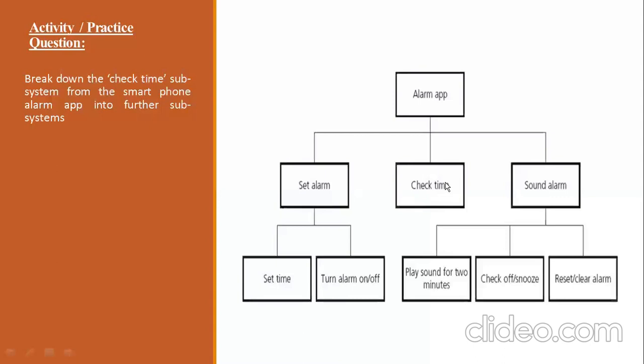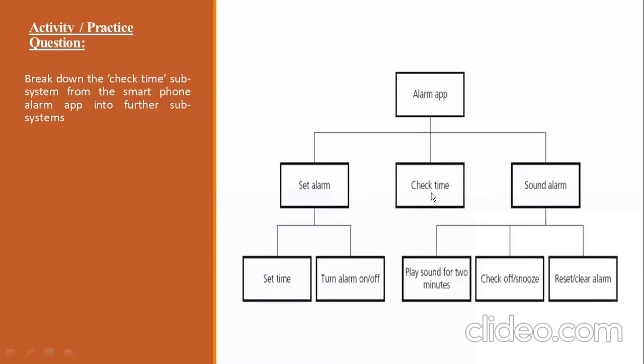So in this way, every minute the alarm app will check the time, take the time from the mobile system and compare it with the set alarm time. And if both times match, then the alarm will start to ring. So you can break down this check time submodule into 2 submodules.